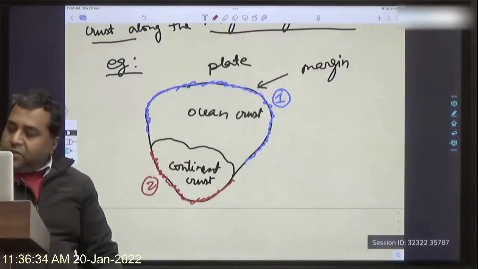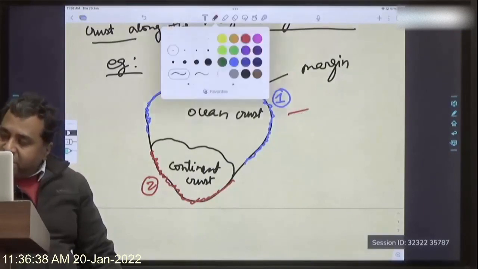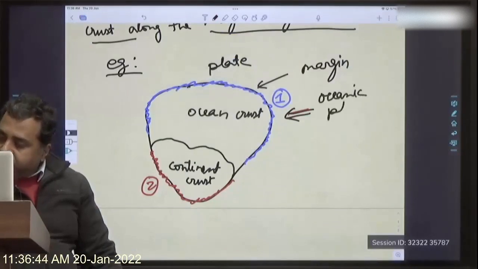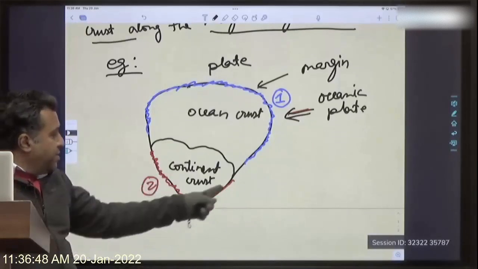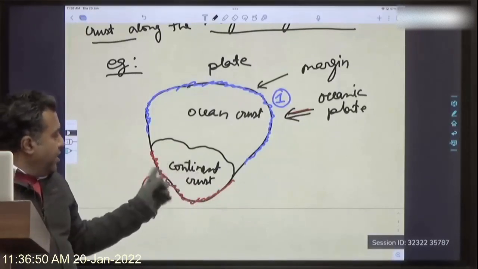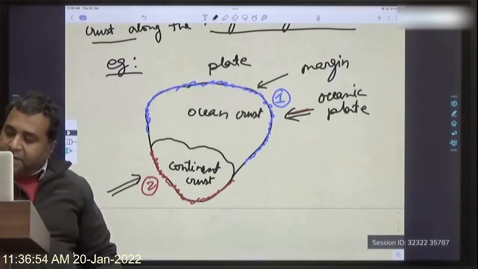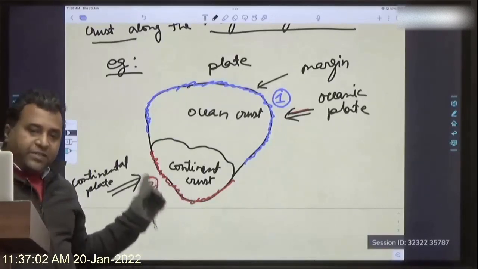So seen from this side, we'll call this plate an oceanic plate. Whereas the same plate, if we see along this margin where we have continental crust, then from this margin the same plate we will call a continental plate. Why? Because of the crust along the margin.